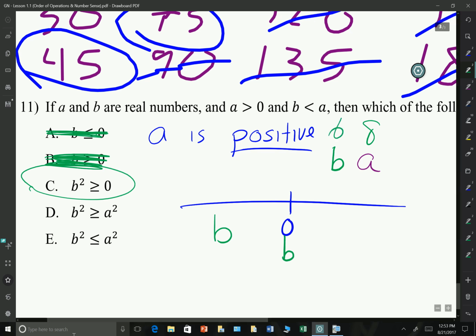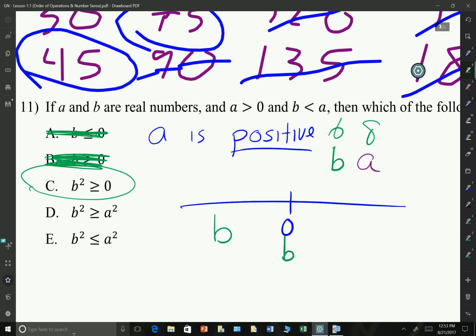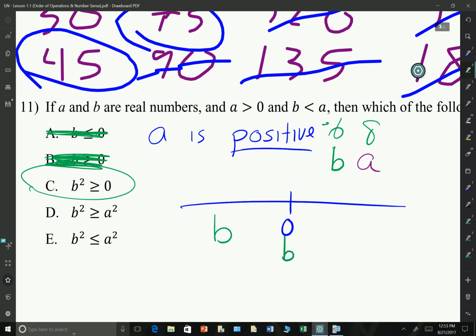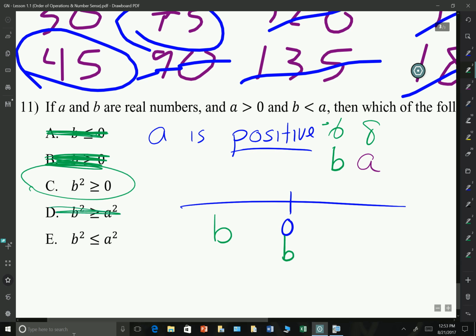That fits the characteristic, right? 6 squared is 36. 8 squared is 64. So you made this where it looks like these both are true, right? Couldn't B be negative 6? All the way over there? Negative 6 squared is 36. And you got 64. It's not bigger, is it? So it's not this one.